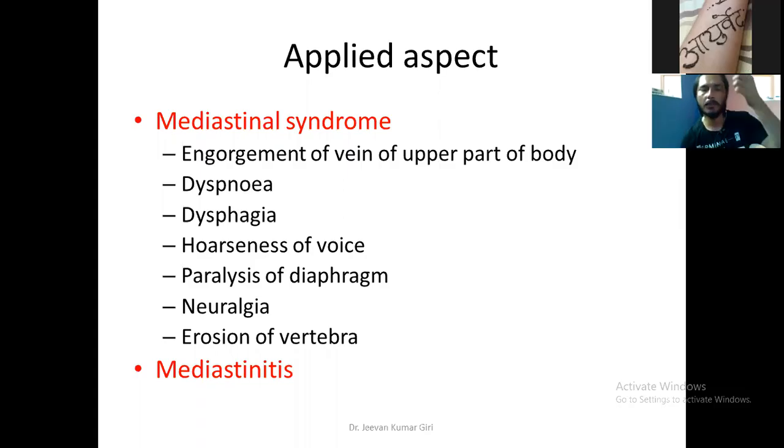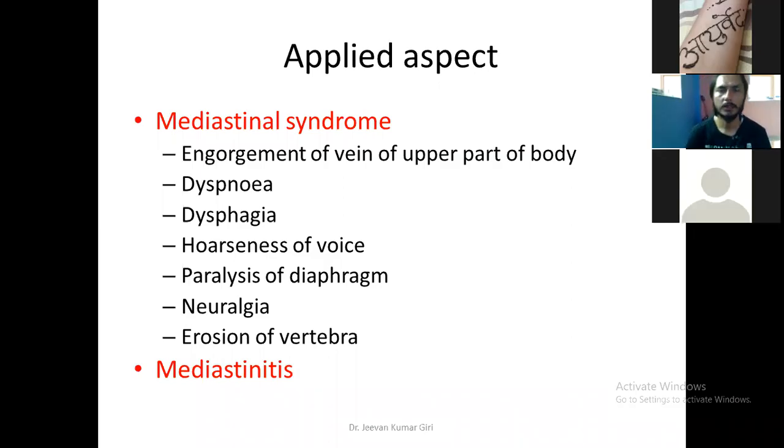Blood coming from the upper part of the body is not able to come back to the heart. If venous return is obstructed, more blood is accumulated in that vein. If more blood continuously accumulates, the vein gets dilated. So that condition is the engorgement of the vein. Okay, are you getting?